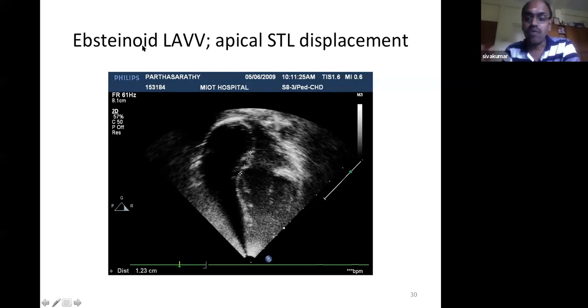So the few changes that can happen will be more of apical displacement, more tethering of the septal tricuspid leaflet. However, the varieties of abnormalities that are seen in the conventional Epstein's anomaly of the tricuspid valve will not occur in Epstein's anomaly of the left AV valve, because such severe degrees of left-sided AV valve regurgitation will not be tolerated in fetal life, and these patients may not survive.